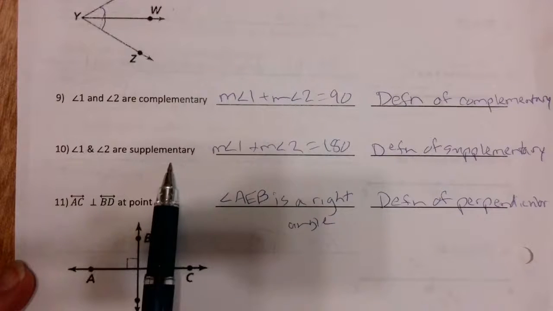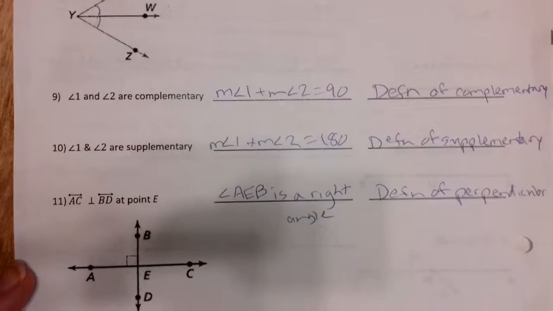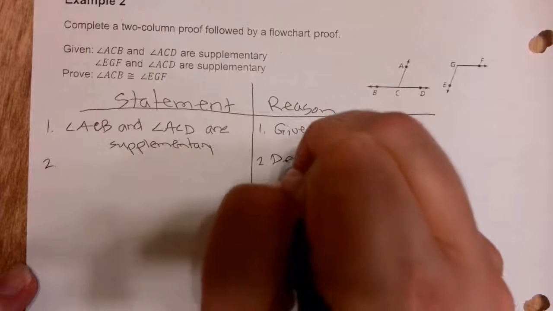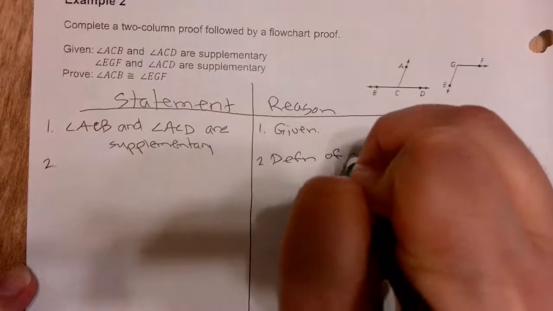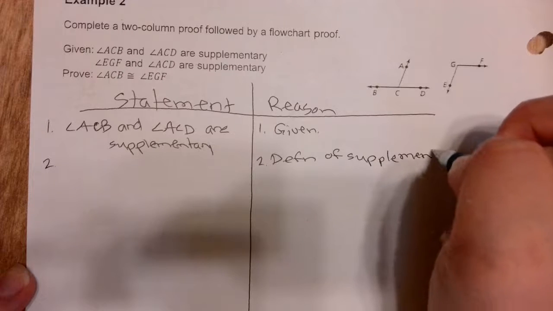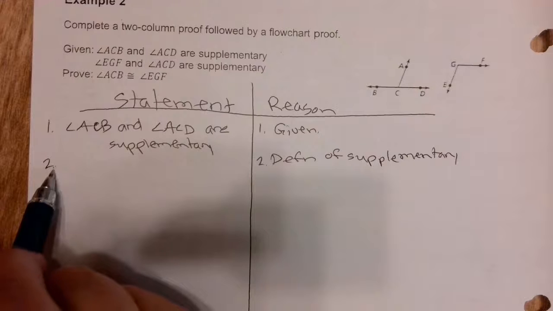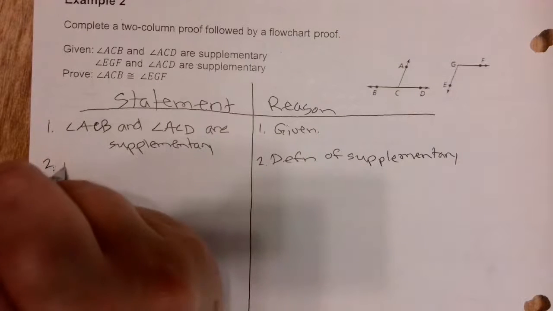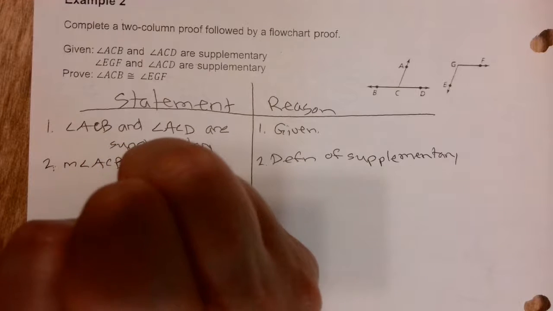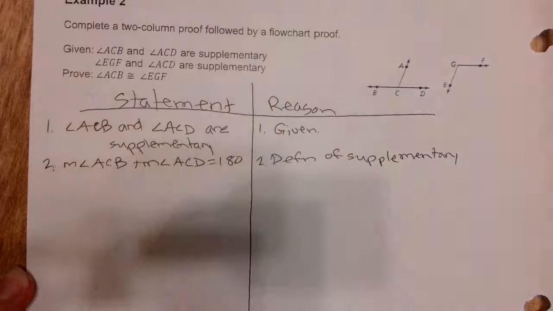If two things are supplementary, that means their measures add to equal 180 by definition of supplementary. So number 2 reason is definition of supplementary. Number 2 statement are that these measures, the measure of angle ACB plus the measure of angle ACD, is equal to 180.